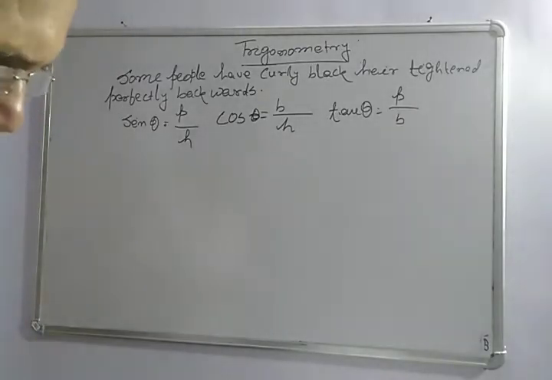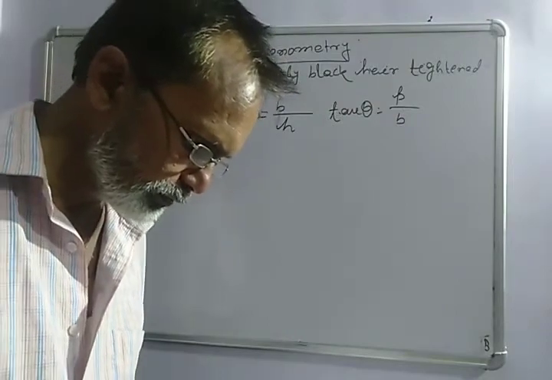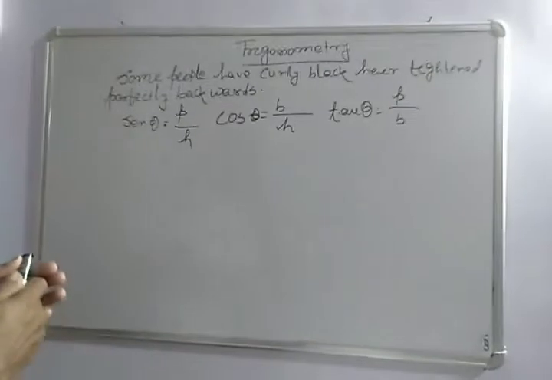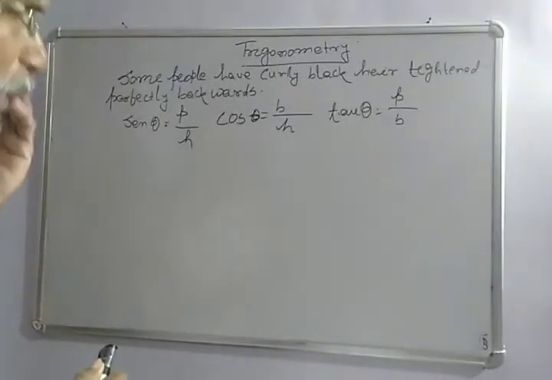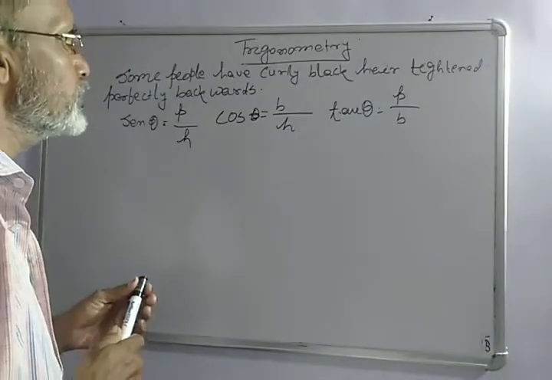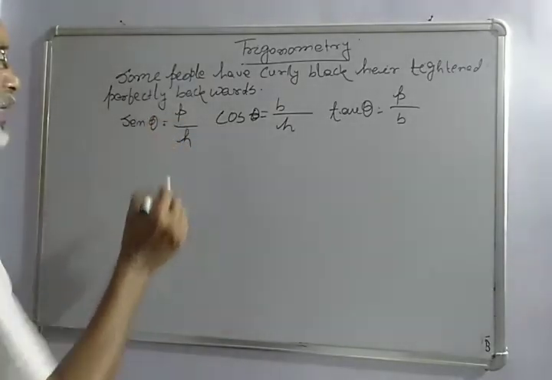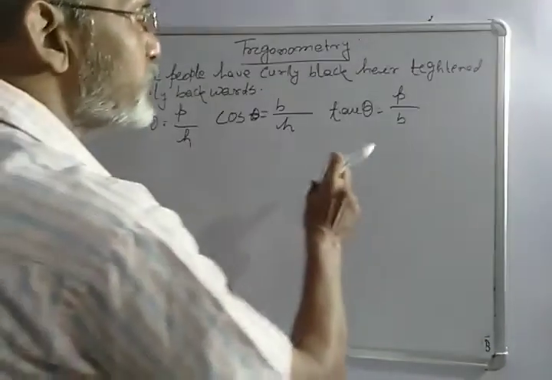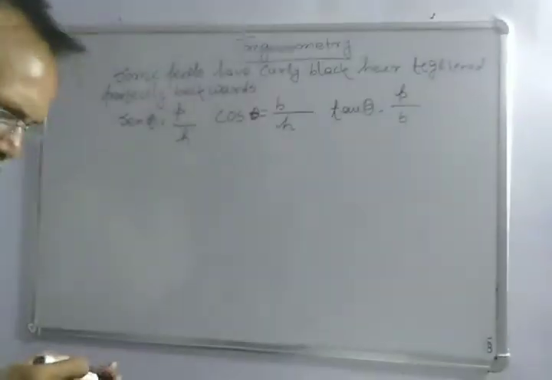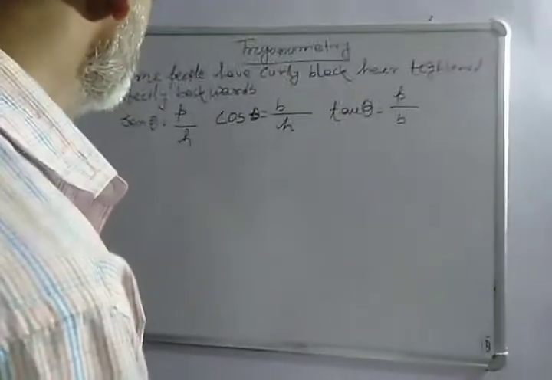Next we will move to another formula. Remember, sine theta is equal to P by H, cos theta is equal to B by H, tan theta is equal to P by B. Now the next one is number 3.